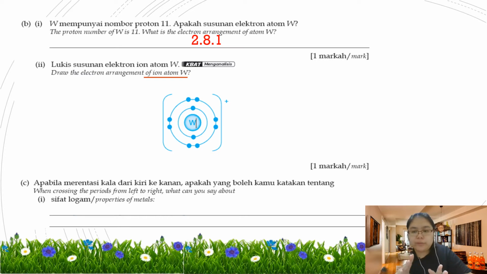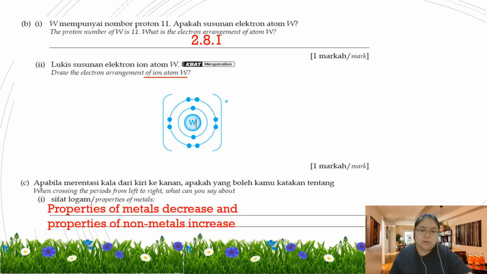When you move to the right-hand side, they become gases, so from metal they become non-metal. So the answer: the metallic properties decrease. When starting it is high, but across left to right the metallic properties decrease, then the non-metallic properties increase.